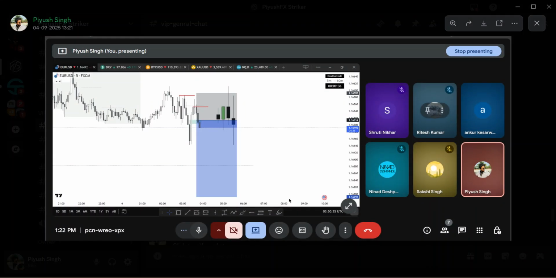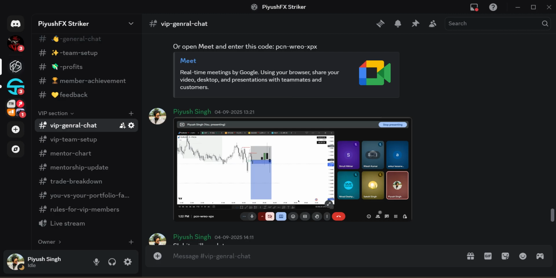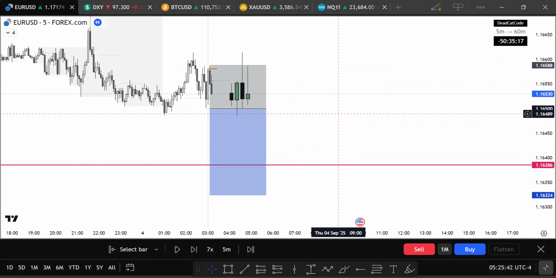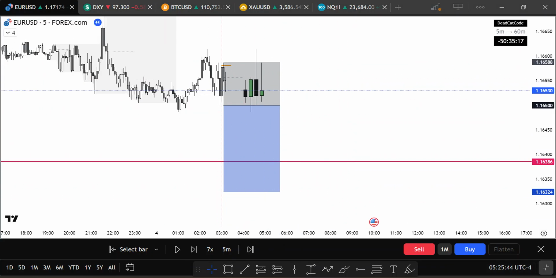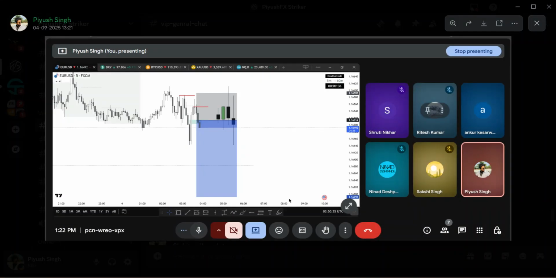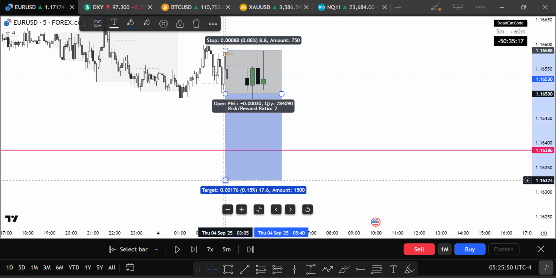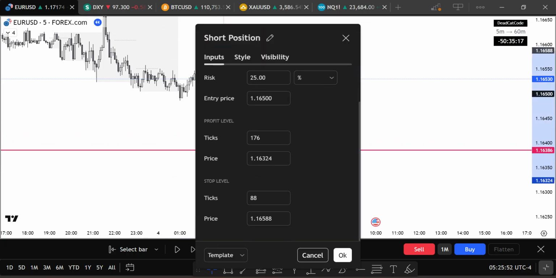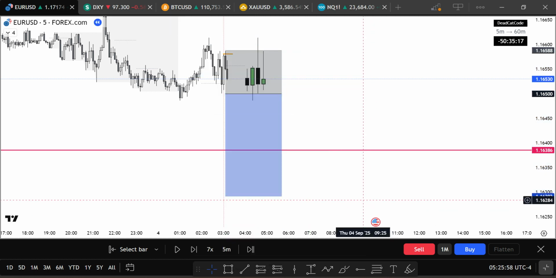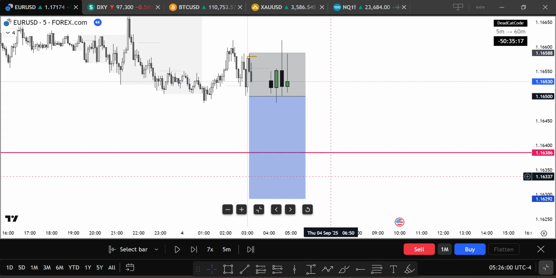Yeah, this is the trade. I set my SL above this candle high. Perfect. So I just set my SL at this high and I was targeting 1.16292. Okay, this was my target.